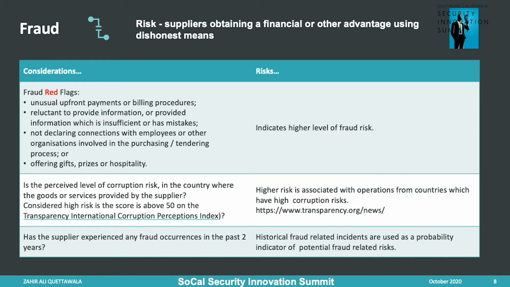And then we need to go through all possible checks and balances before that supplier is engaged. So these are the bribery and fraud considerations which we must take into consideration before engaging the supplier.